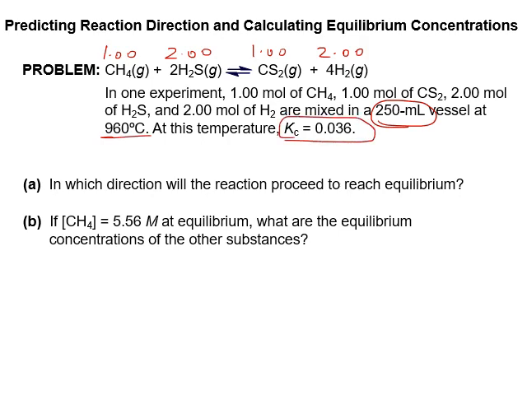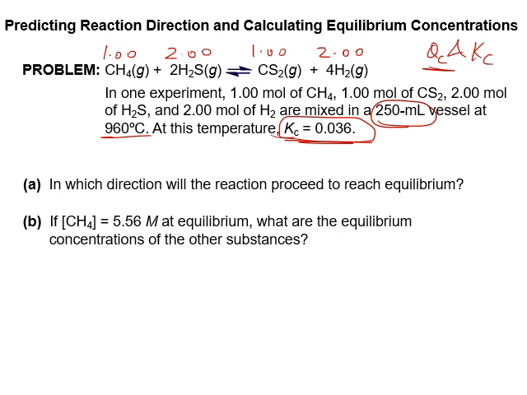The question is, in which direction will the reaction proceed to reach equilibrium? Remember, we figure out the direction by comparing Qc and Kc. So first I'll have to figure out what my Kc is. Kc is given to me. I'll have to figure out what my Qc is.